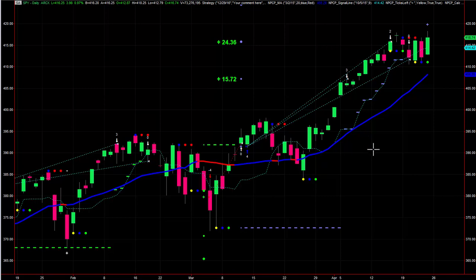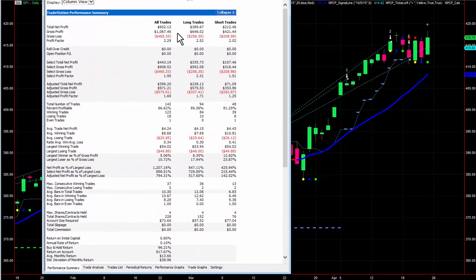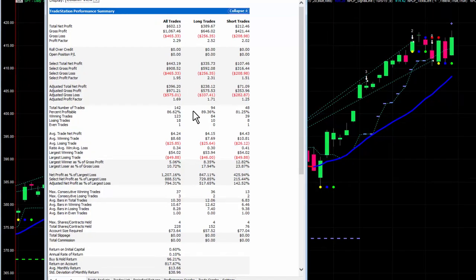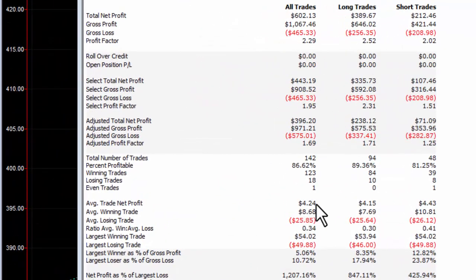So we're looking back 10 years, and as I showed you before, when I pull up the performance report, we can see that it is making, on average, $4.24 in profit per share when you net all wins and losses. And it's well balanced on longs and shorts.